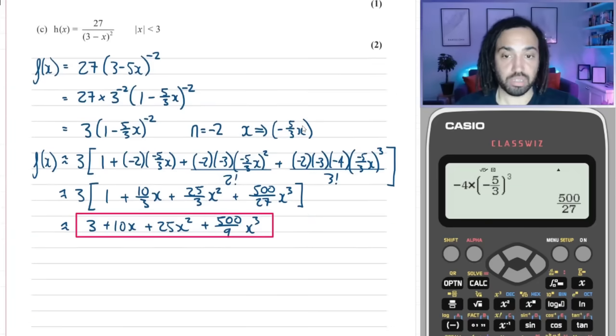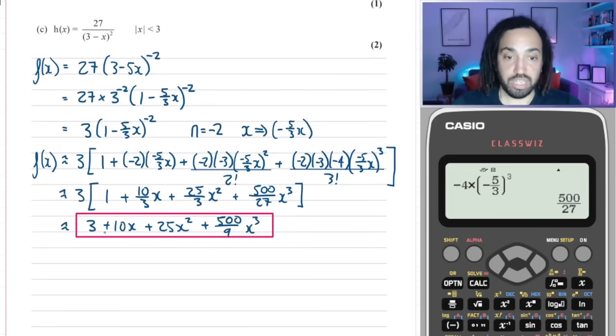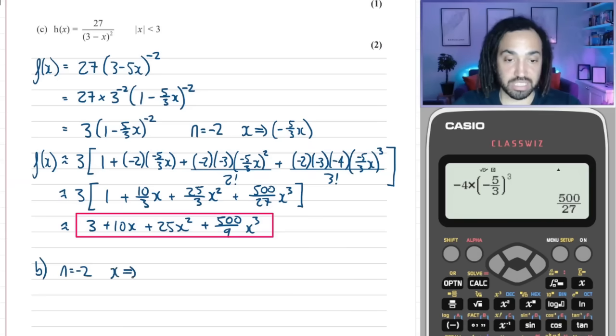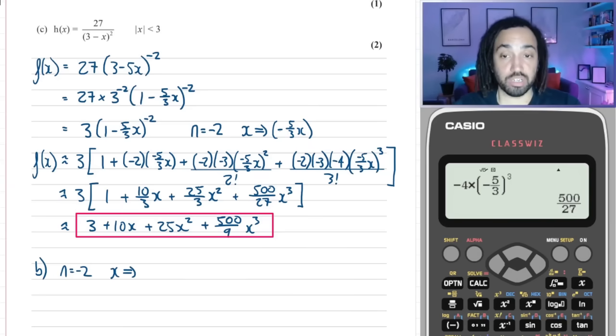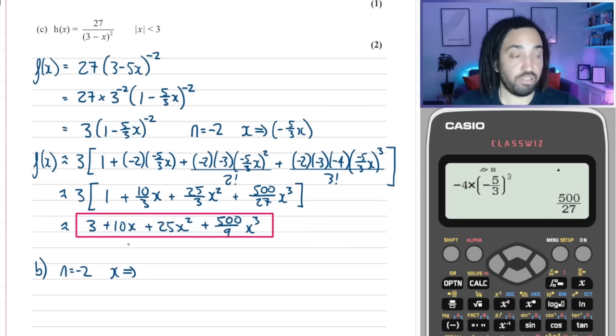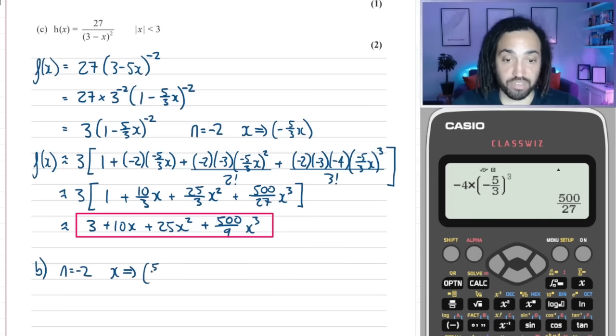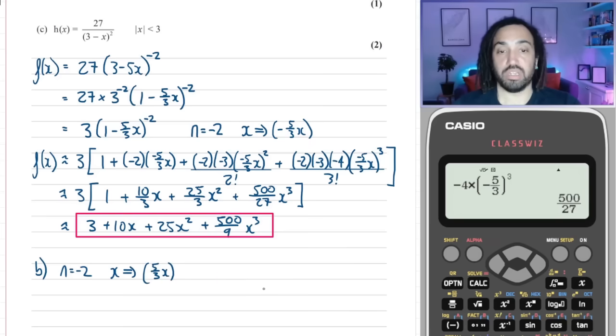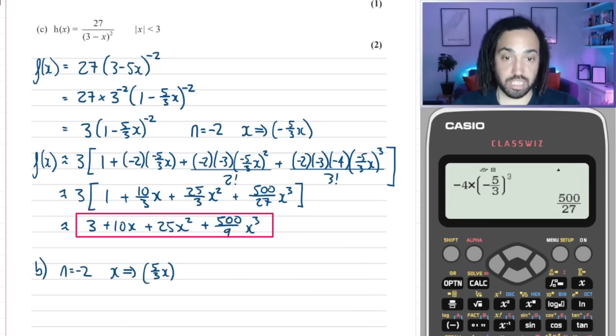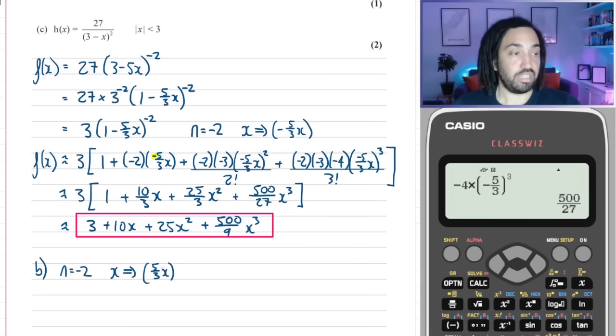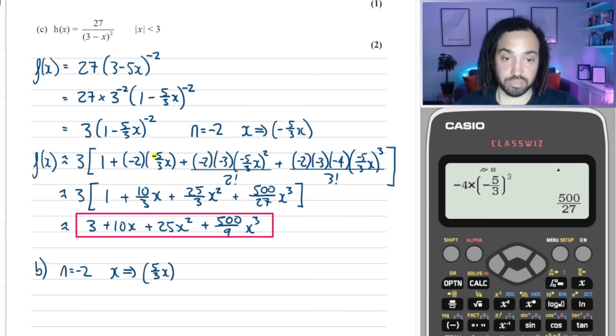Well, if we write over here, part B, n is still going to be minus 2 because the power is still the same, but the x is no longer going to be minus 5 over 3x. It's going to be 5 over 3x, positive. Okay, so that means that this here is going to change to a positive.